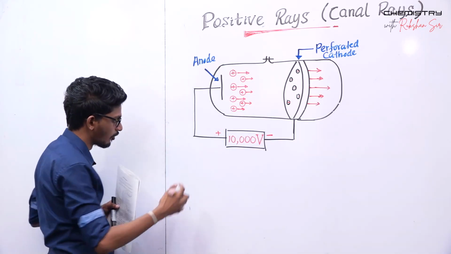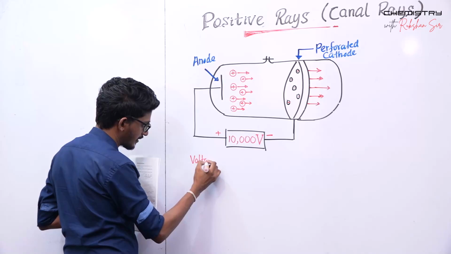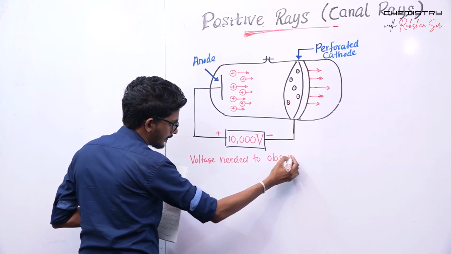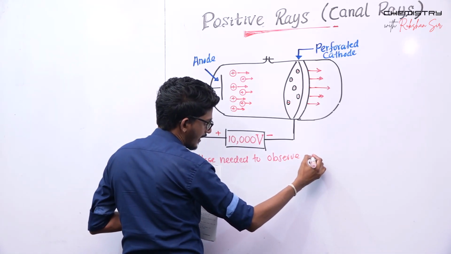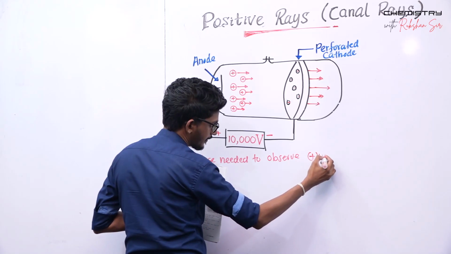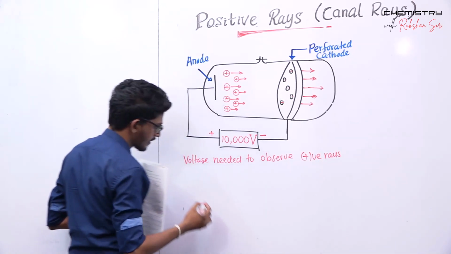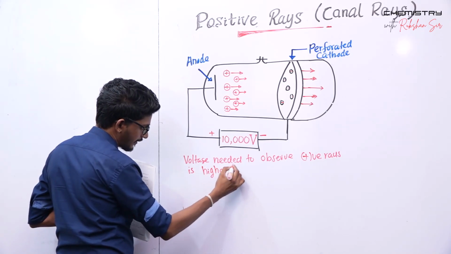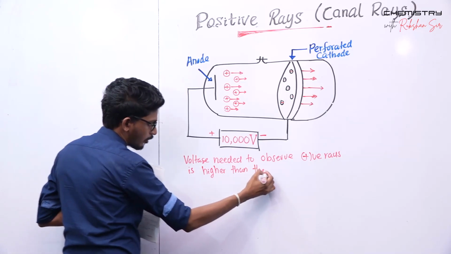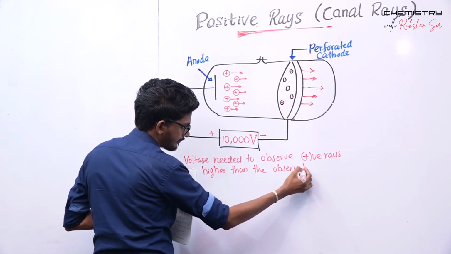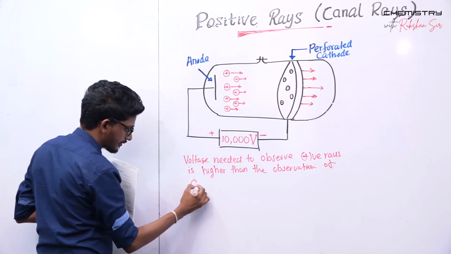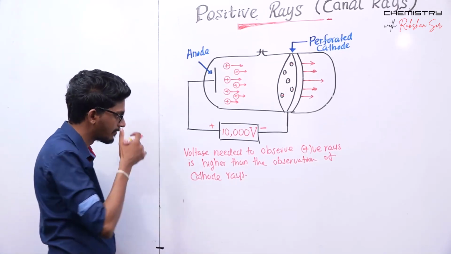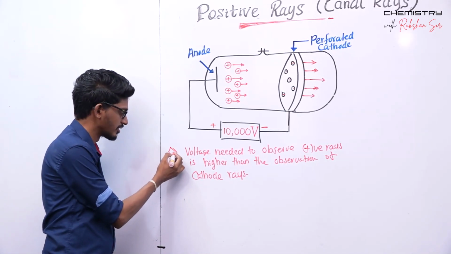The point is, the voltage needed to observe anode rays or the positive rays is actually higher than for the observation of cathode rays. Let's discuss why we need such a greater voltage than for the observation of cathode rays.